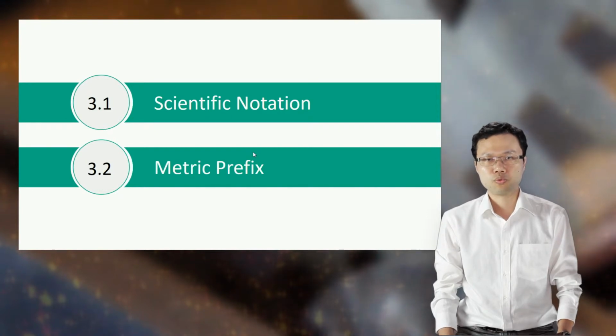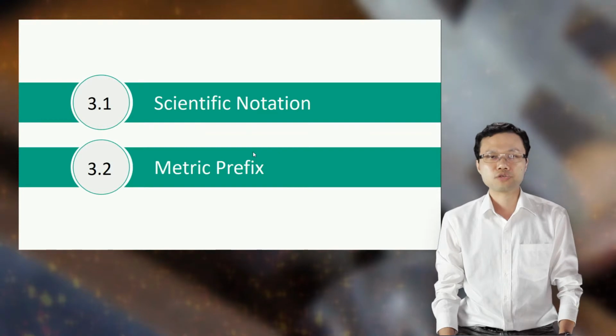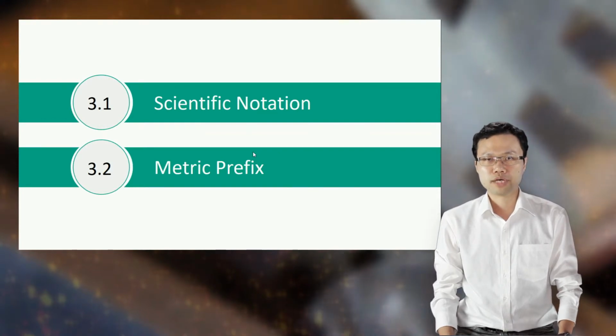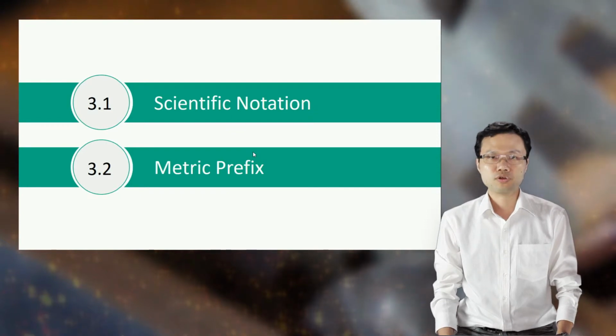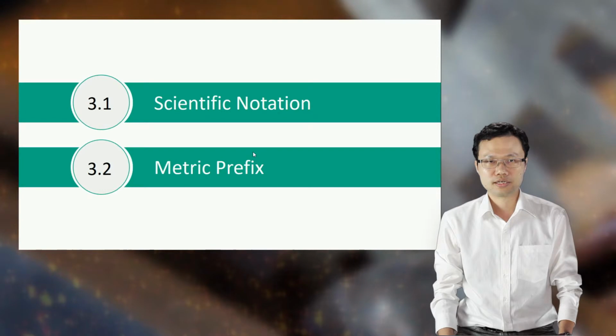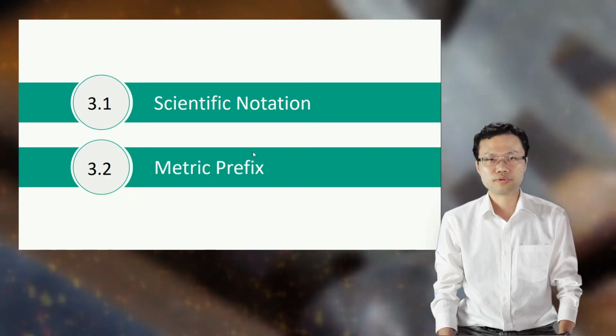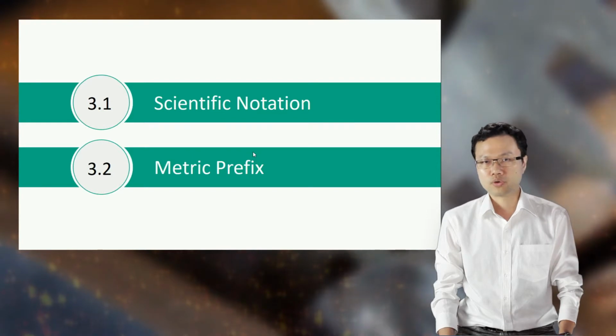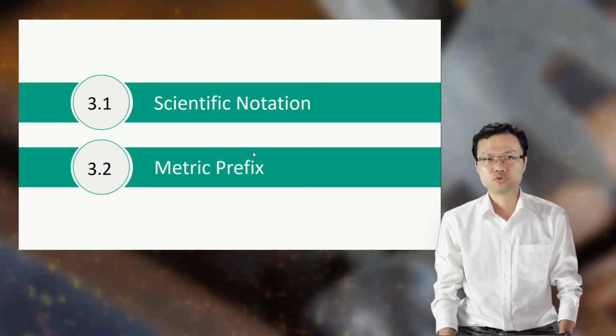Session 3.1, the scientific notation, and Session 3.2, the metric prefix. If these terms look unfamiliar to you, don't be panicked. It's a good opportunity to learn something new. They are actually quite simple and will be clear in these two videos.